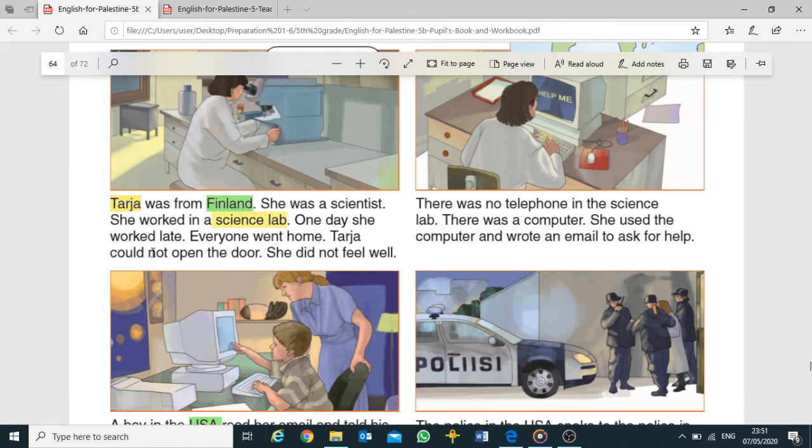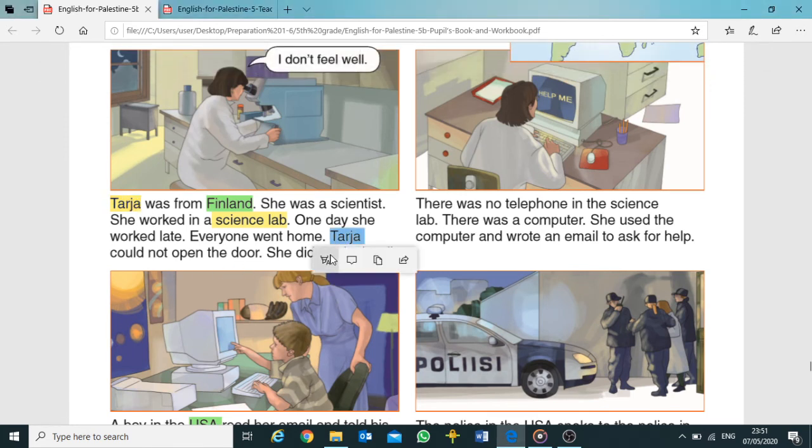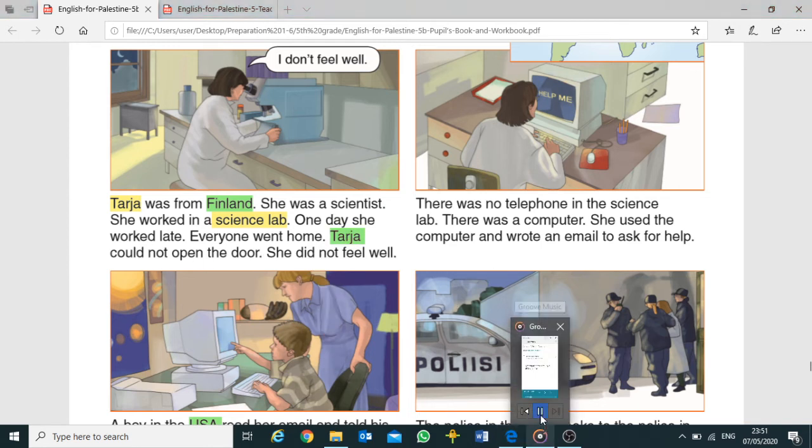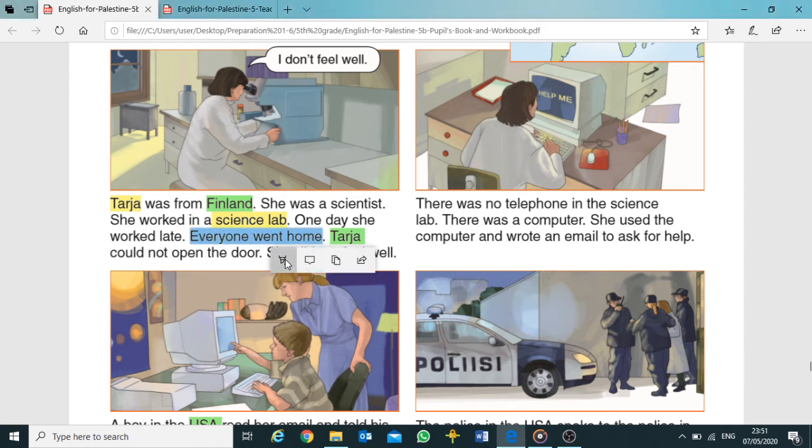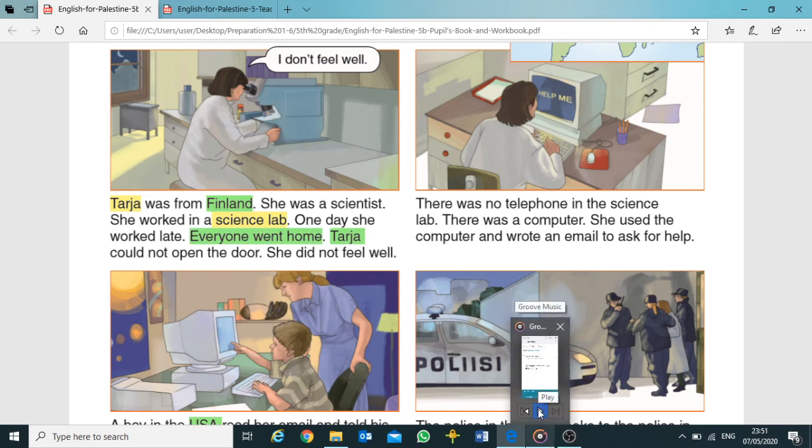So Tarja couldn't open the door. 3. Why? اسألني ليش ما قدرت تطلع؟ Why؟ لماذا؟ She did not feel well because everyone went home and she didn't feel very well. Very good.